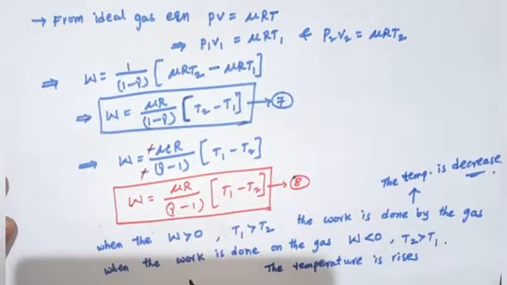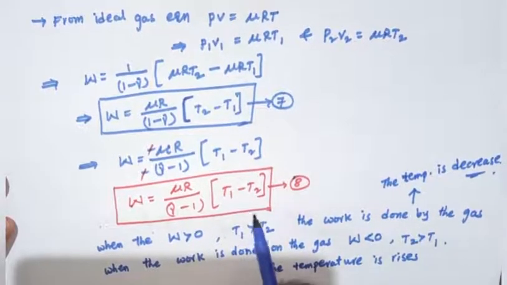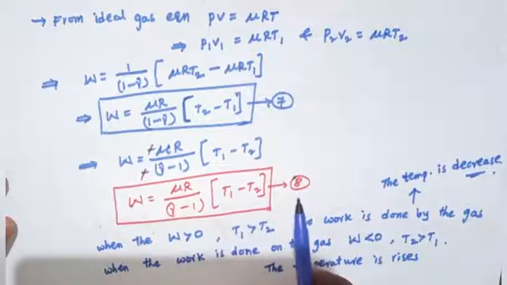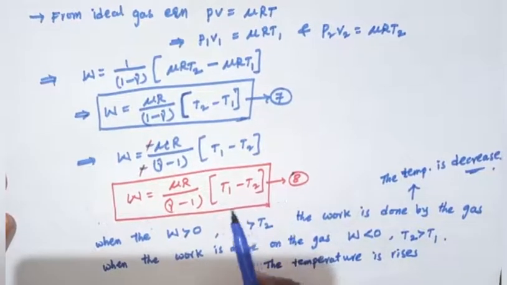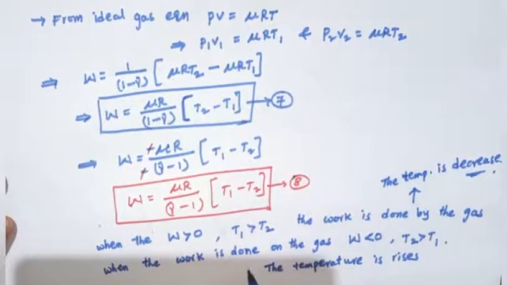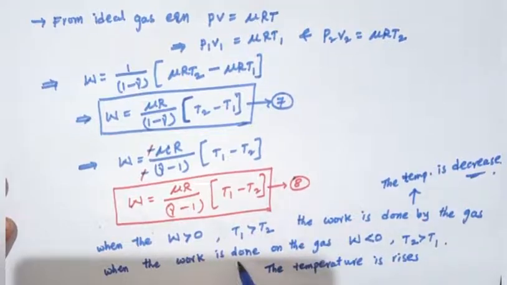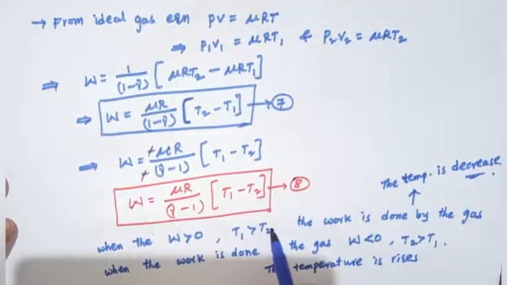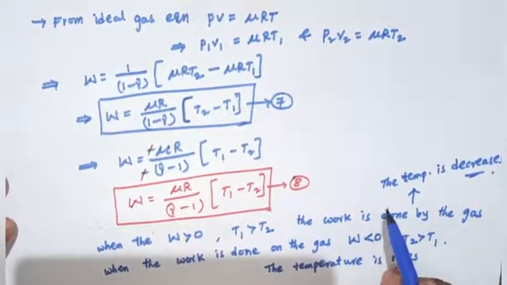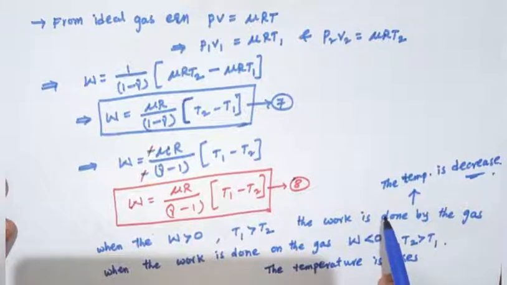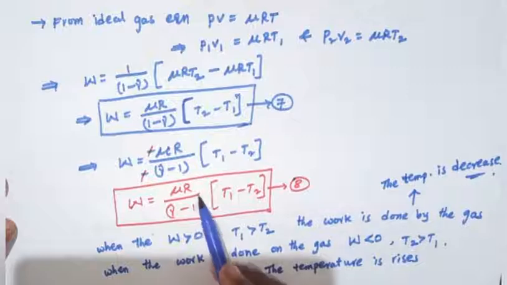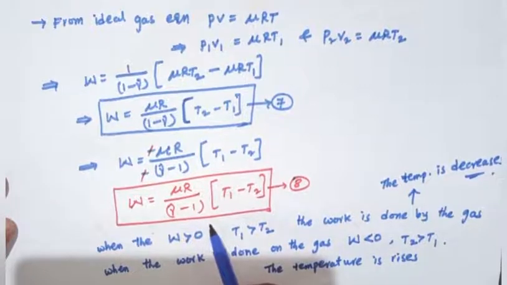In adiabatic expansion, volume is increased and pressure is decreased. When the pressure is decreased, the temperature also decreases. When the temperature decreases, we can feel the air is cold. Okay, this is about the adiabatic process.